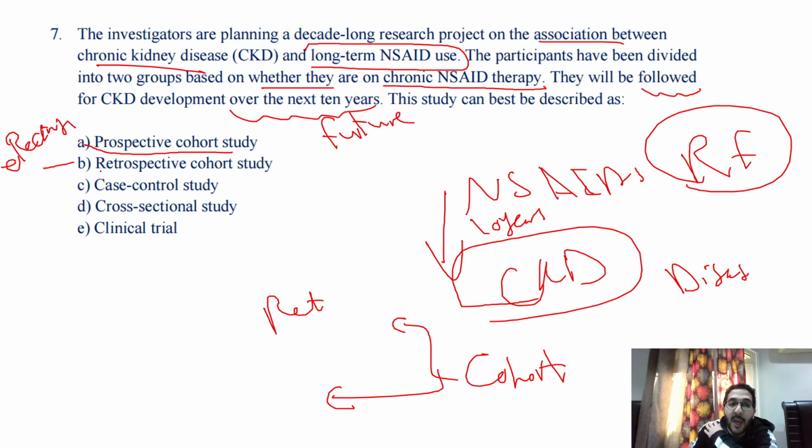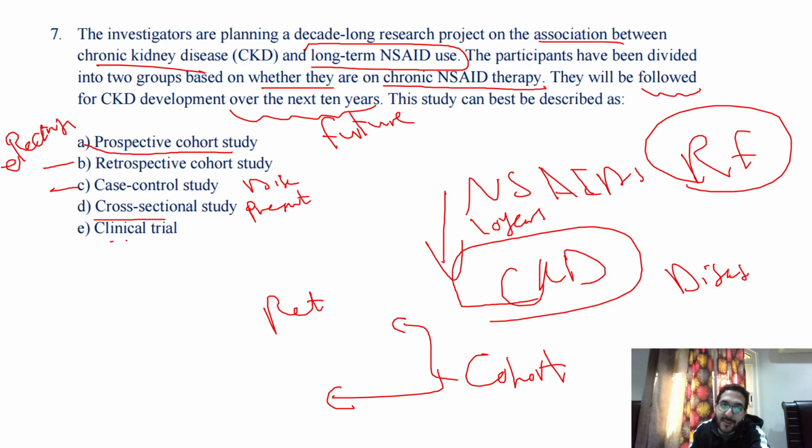Case control? No, you start with the disease and move back in time retrospectively to see whether they were exposed to the risk factor or not. Cross-sectional? No, it's in the present, and you take a snapshot of both the disease and risk factor together.